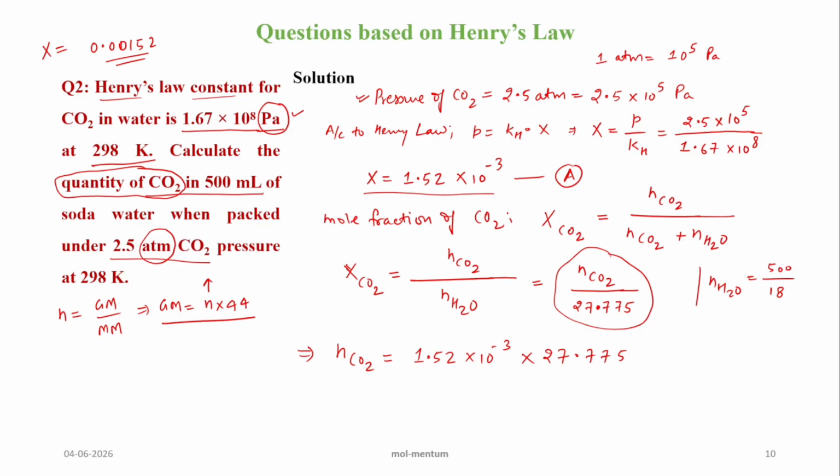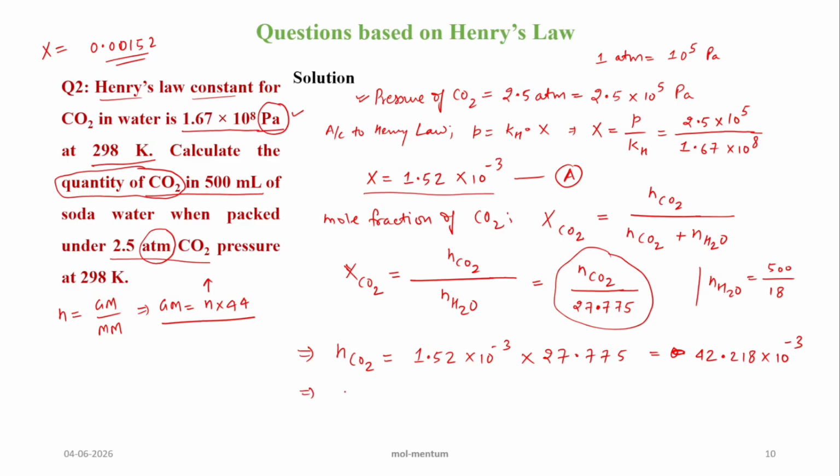So if I multiply 1.52 into 27.775, it will come out to be 42.218 into 10 to the power minus 3. Okay, so this is the number of moles of CO2.